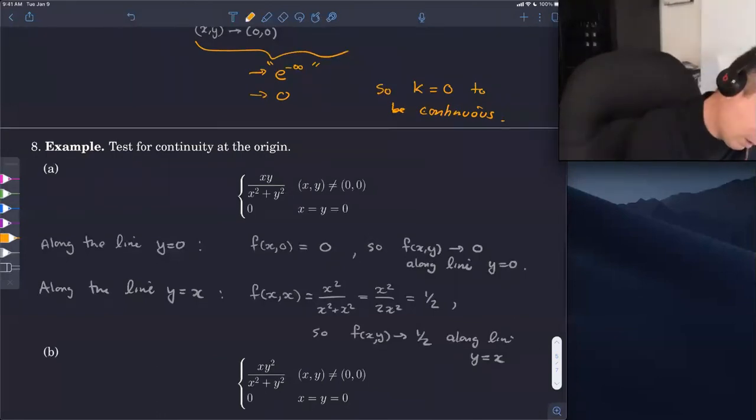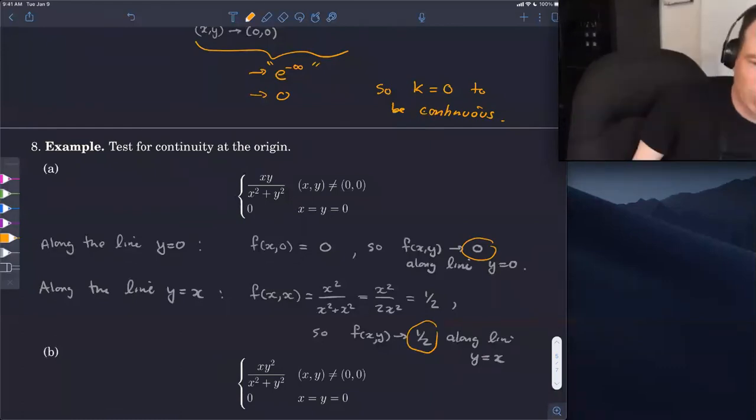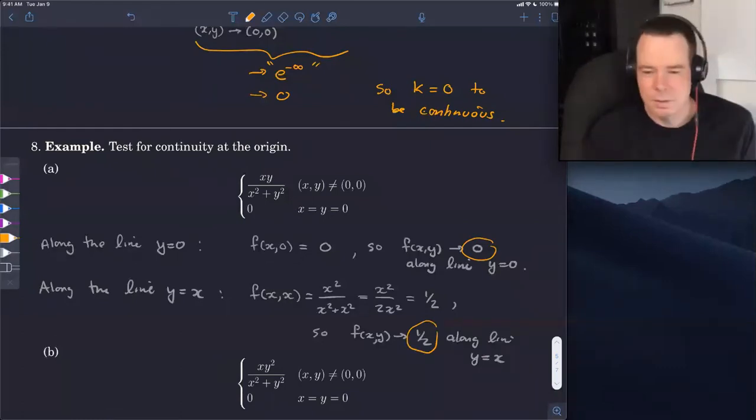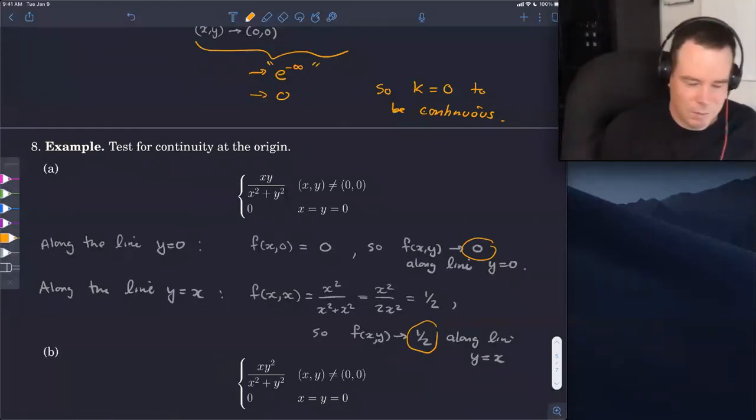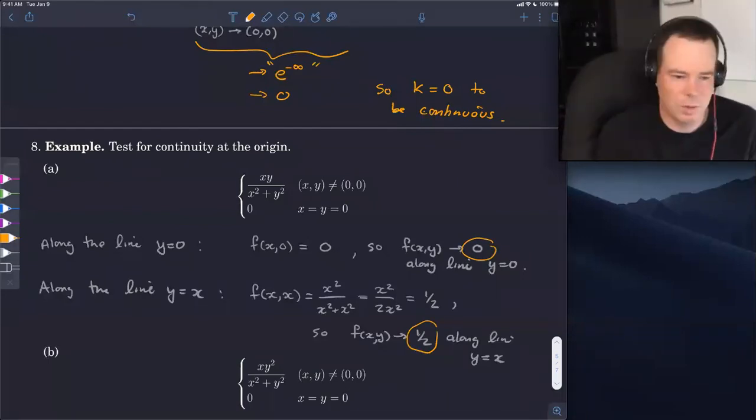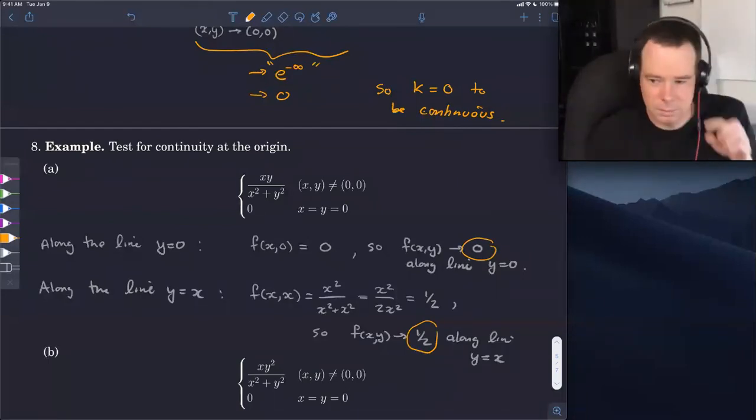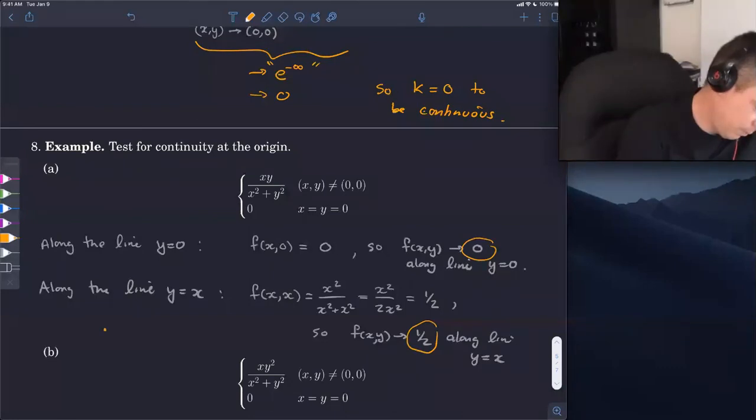And what can we conclude from this? Does it matter how we approach the origin? Does it matter if we go along one line versus another line in terms of where our function values are heading? And this tells me it does. If I go along one line, my function values go to 0, but if I go along a different line, my function values go to a half, and so therefore the limit does not exist.